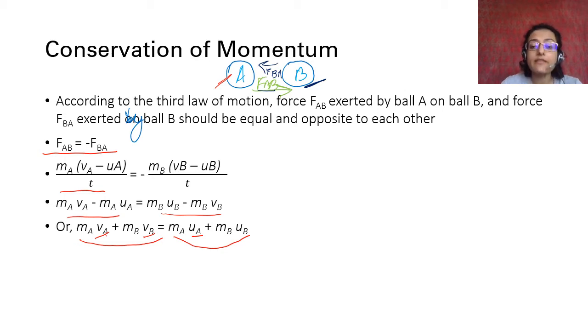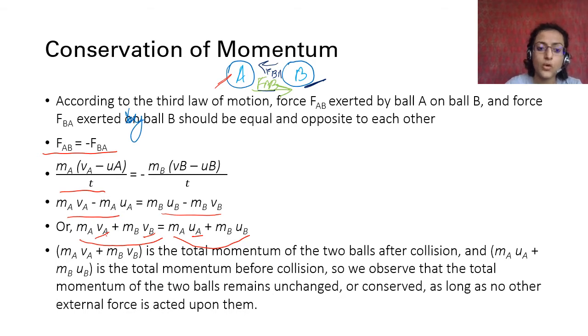Separately their values might change, but the sum of momentum of balls A and B before collision remains the same as the sum of momentum of balls A and B after collision.